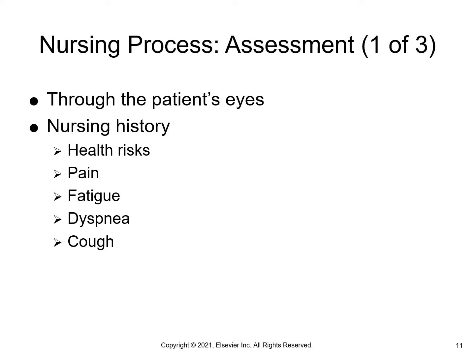Does it come with activity, with exercise? What makes it worse? In that department you also need to know about orthopnea. Does the patient struggle more with their breathing when they're lying flat? How many pillows do they need so they can breathe easier? How do they sit in the bed or in the chair? How do you see them sitting?